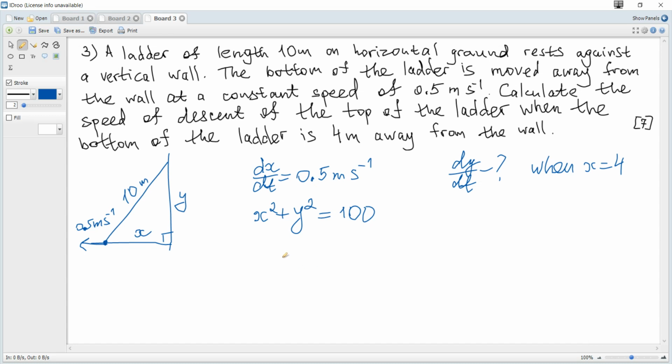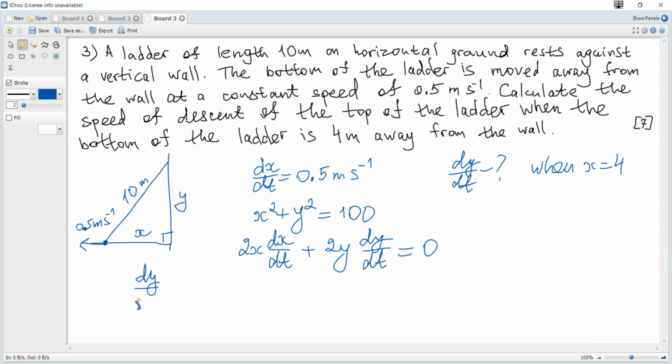And we can just differentiate both sides. x is a function of t, and if we differentiate with respect to t, we should apply the chain rule, and it becomes 2x dx dt plus 2y dy dt is 0. 100 is a constant, hence its derivative is 0, and we need just solve for dy dt.